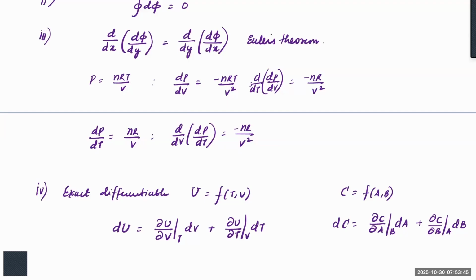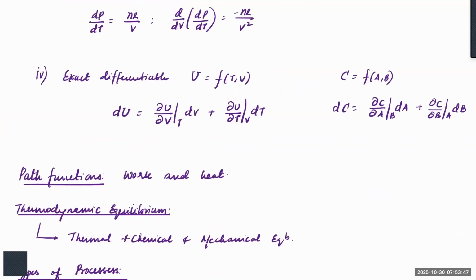Another way to look into it is you should be able to write the exact differentiable function. That means if internal energy is state function, it should be able to represent that in terms of temperature and volume. That is dU is equal to dU by dV at constant temperature into dV plus dU by dT at constant volume into dT.